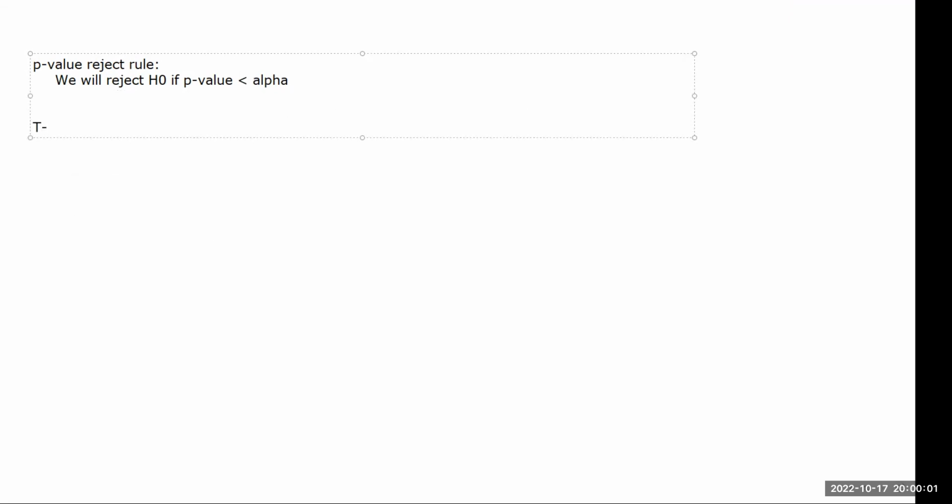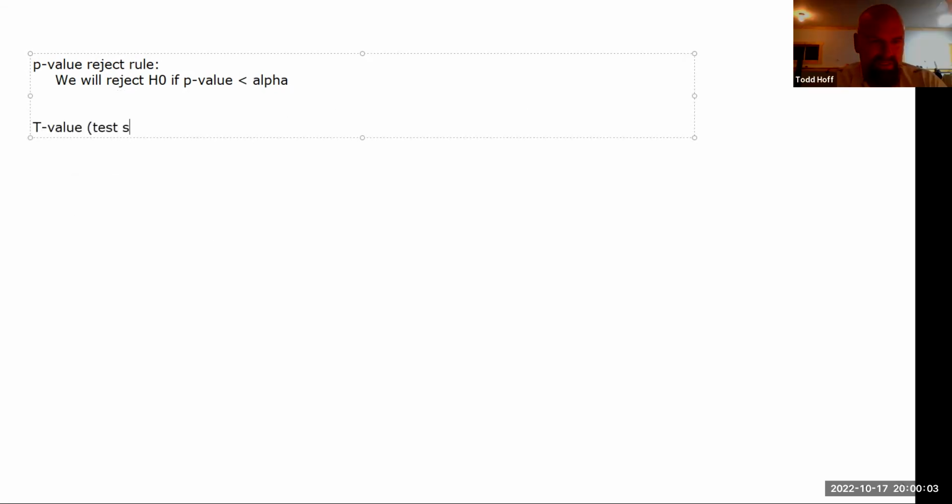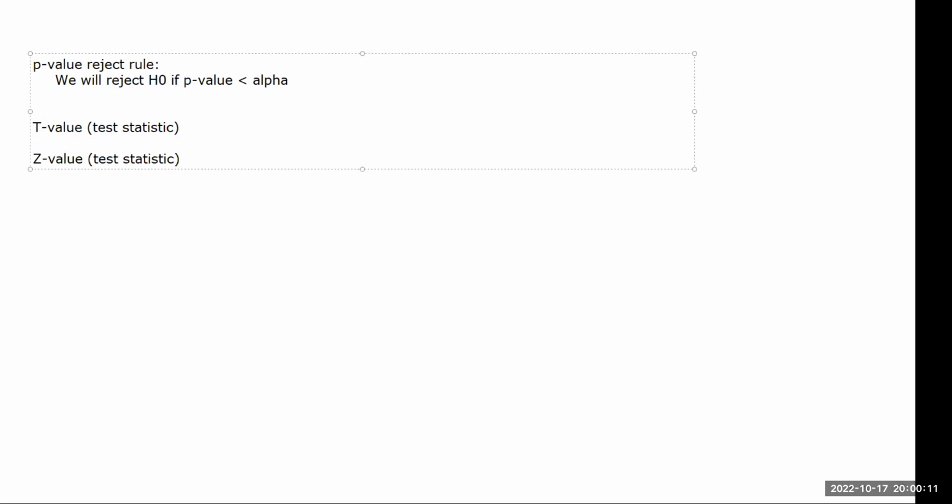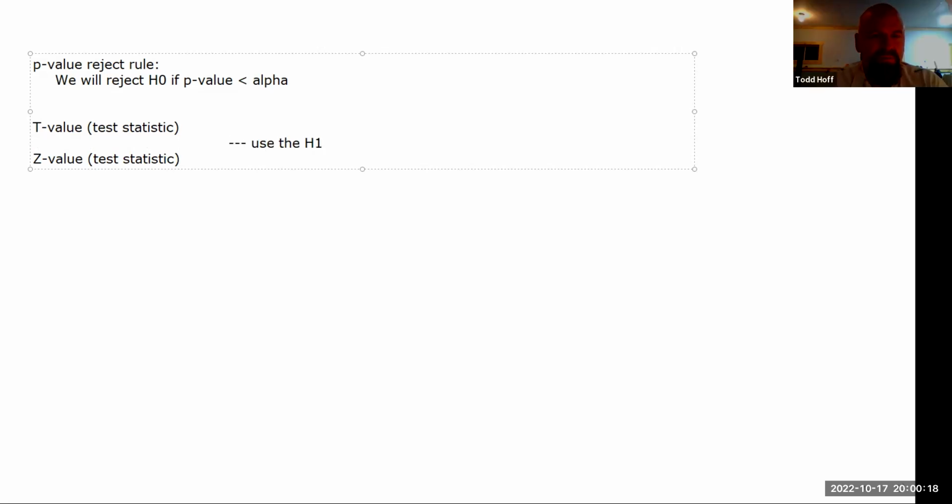The t-value, which is a test statistic, is the same as the z-value, which is just a different form of a test statistic. Those both use the alternative hypothesis, H1 or HA, depending on what your textbook uses.